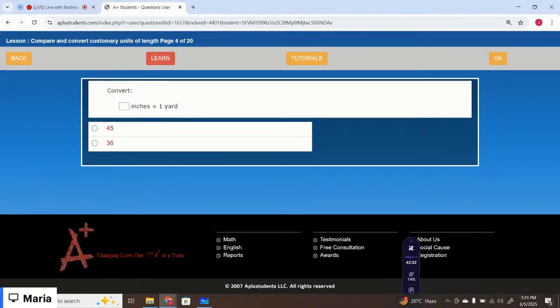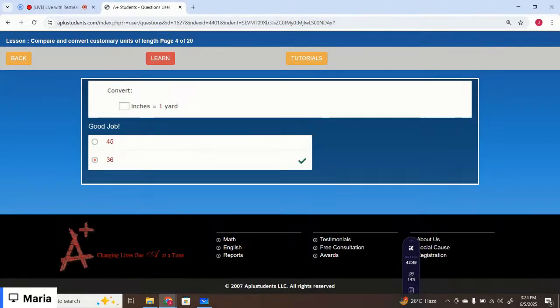One yard equals how many inches? 1 yard equals 36 inches. Option number B is the correct option.